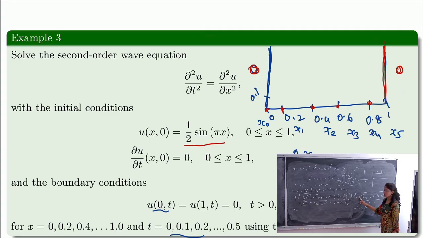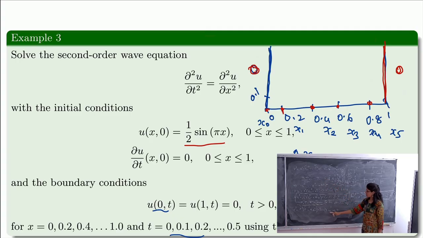I will put this value of r here, and what will I get with the help of this? I will get r square (u_{i+1}^1 + u_{i-1}^1) plus (2 minus 2r square) u_i^1 minus u_i^0. So when I move to the next time level, initially I have a difficulty because we are given this u_{i-1}, which I am getting with the help of the initial condition.